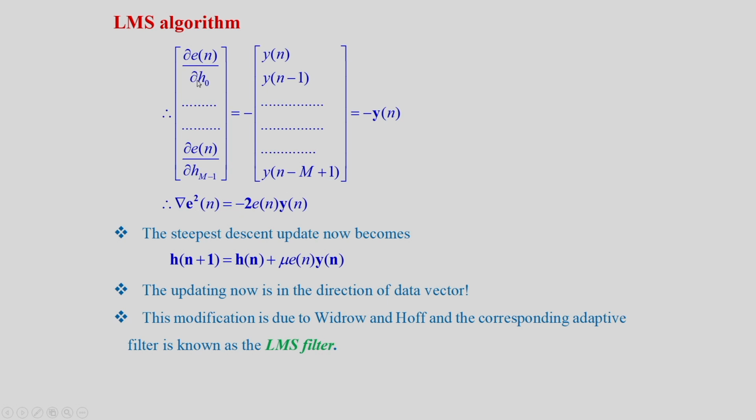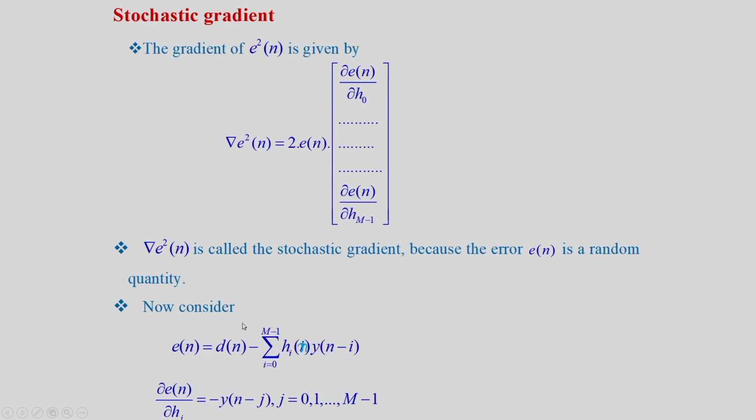The partial derivative vector is now given by negative of this vector yn minus 1 up to yn minus m plus 1, that is equal to minus yn vector. Therefore, gradient of square n will be minus 2 times En into yn vector from this relationship.